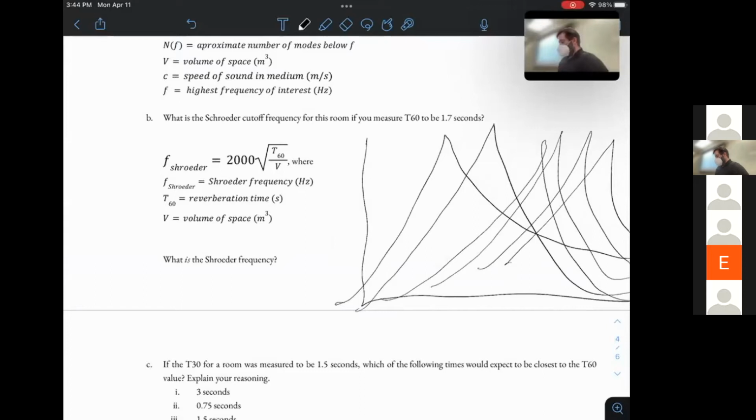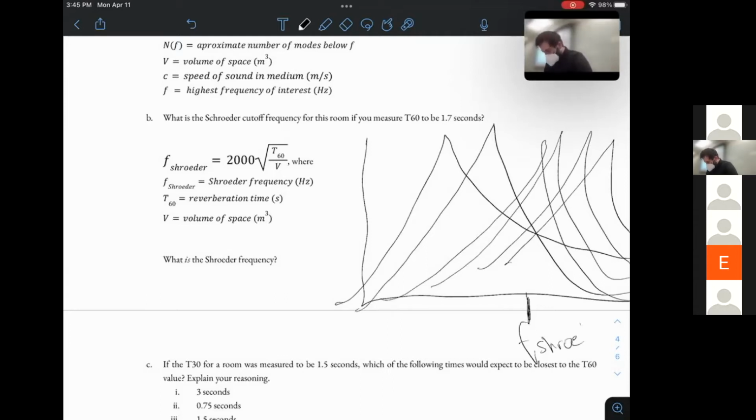It's an important concept. So just to repeat myself, the Schroeder cutoff frequency is this transition point. Let's call it F Schroeder. Is that really how you spell that?